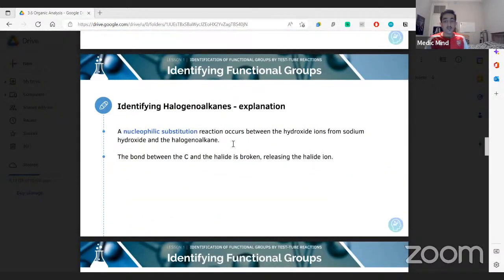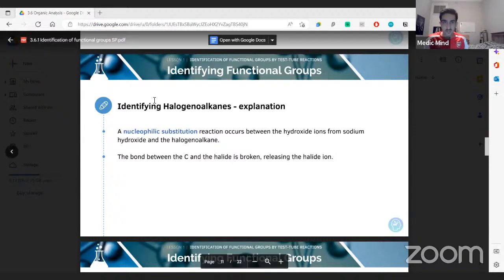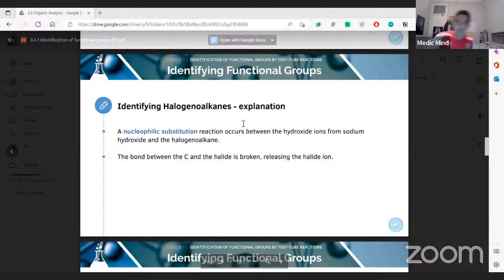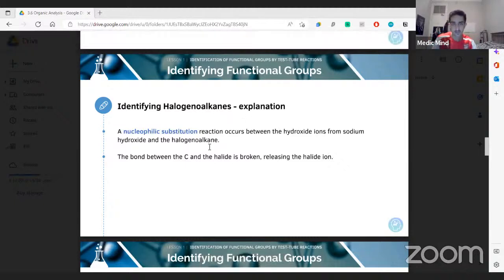And again, a nucleophilic substitution reaction. So this is an explanation of this. A nucleophilic substitution reaction occurs between the hydroxide ions from sodium hydroxide and the haloalkane, which then releases that halide ion to be identified.